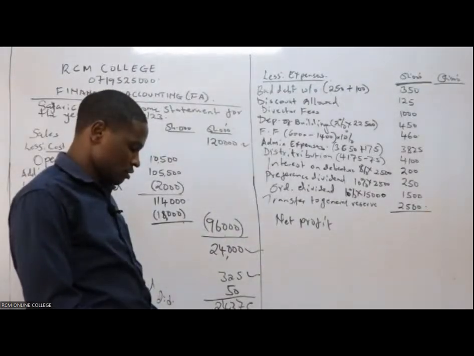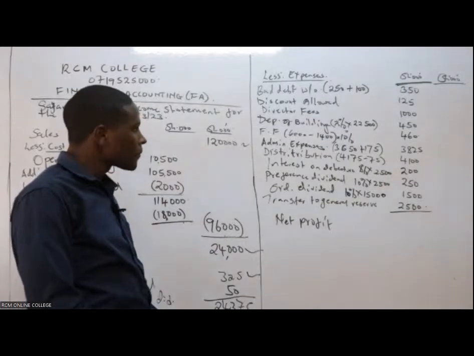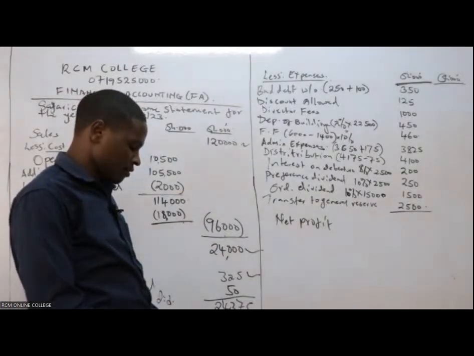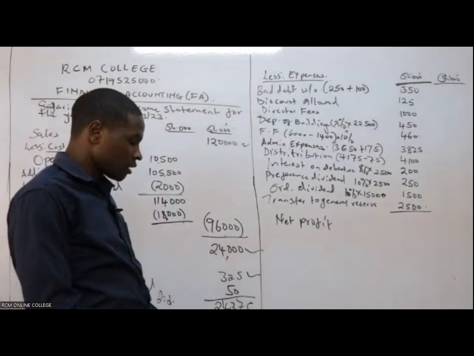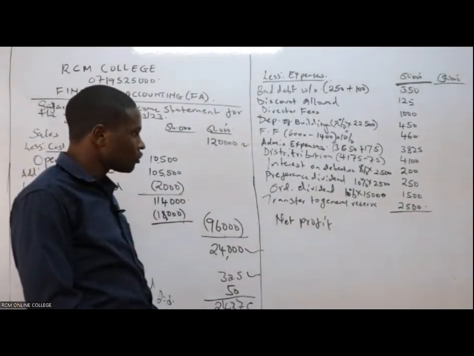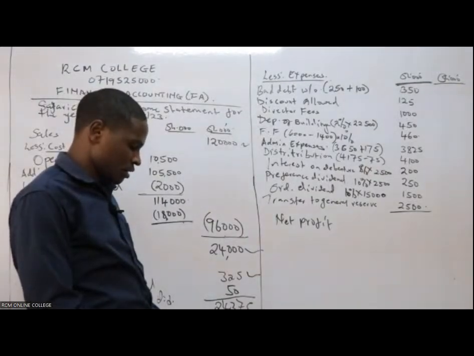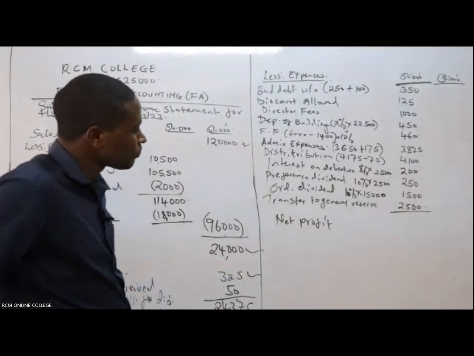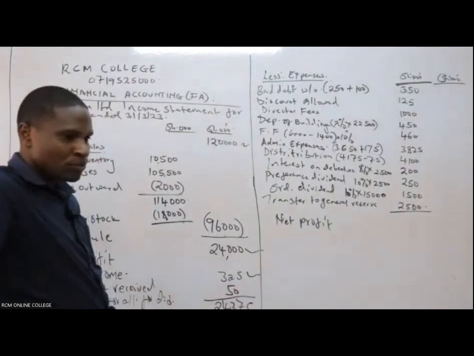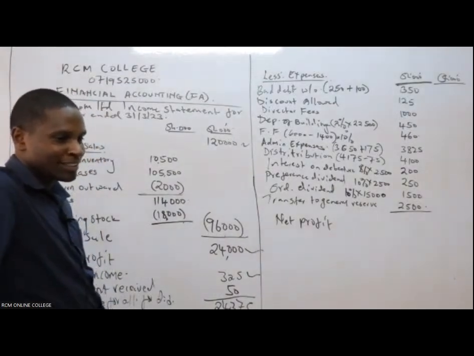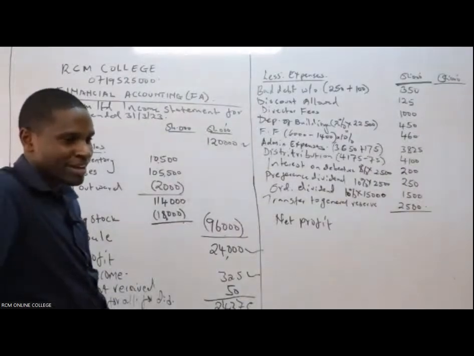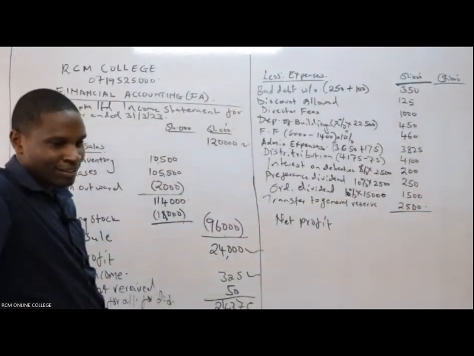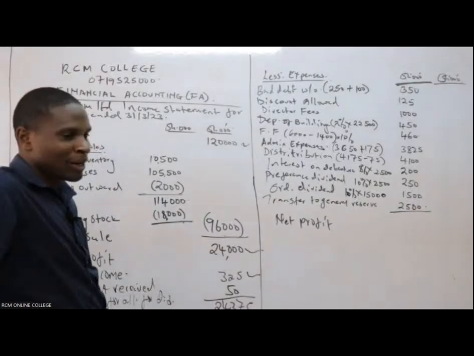Plus 460 plus 450 plus 3825 plus 4100 plus 200 plus 250 to go almost there, plus 1,500 which we were leaving out, plus 2,500. I'm getting 15 to 10. Now you people, you are not giving me your figure there. Do you see our time? We are having like 5 minutes. What are you getting from your end?